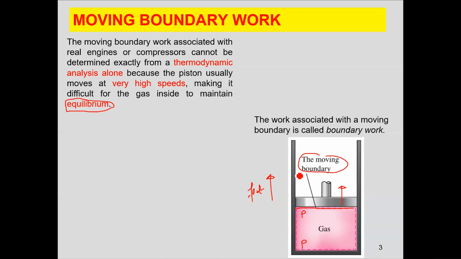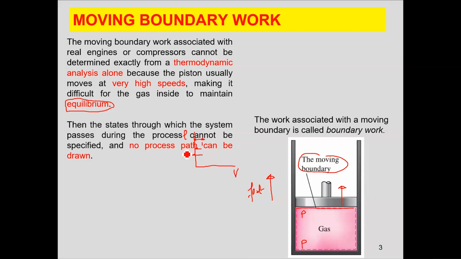Why can it not be performed? Because you cannot represent the pressure. If this is the pressure-volume plot, and I have to specify the state of my system at this point, I cannot say whether my pressure is this or this or this, as I don't have any uniform pressure within the system when the system is moving very fast.